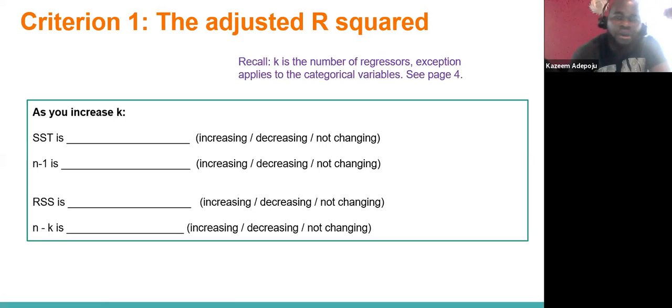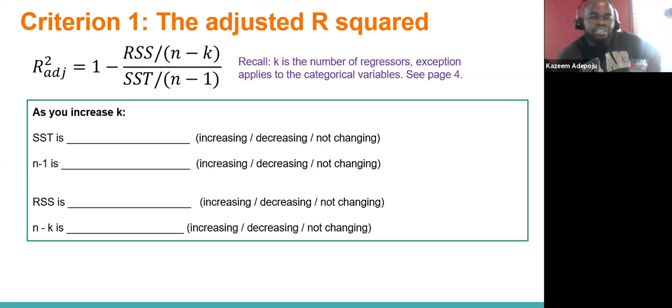So the question now is, since we know that the residual sum of squares is going to be changing, and we know that n minus k is also going to be changing when the number of regressors is increasing, then what is the formula that we're going to use in adjusting our R squared?